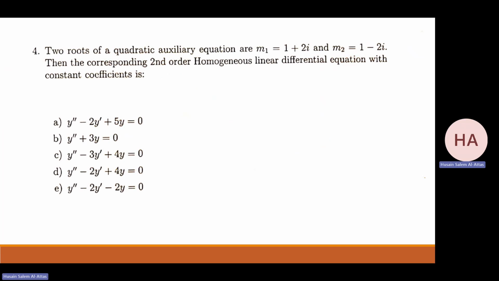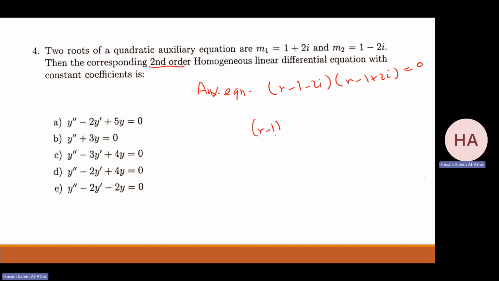Two roots of a quadratic auxiliary equation are this. Then the corresponding second order equation, I need two roots. So what will be the auxiliary equation? It will be r minus 1 minus 2i times r minus 1 plus 2i equals 0.